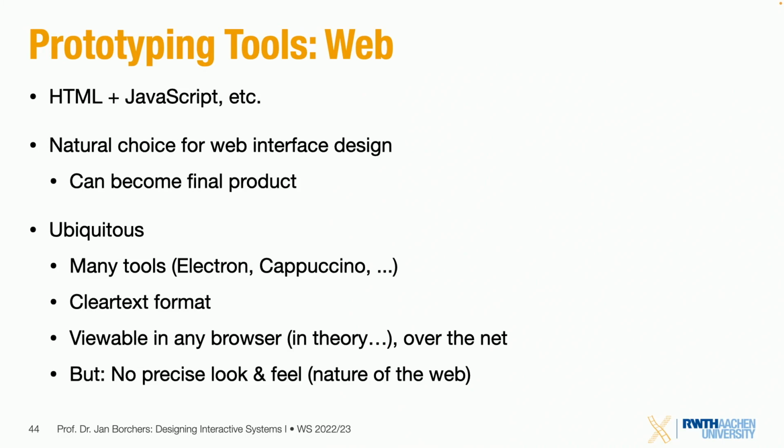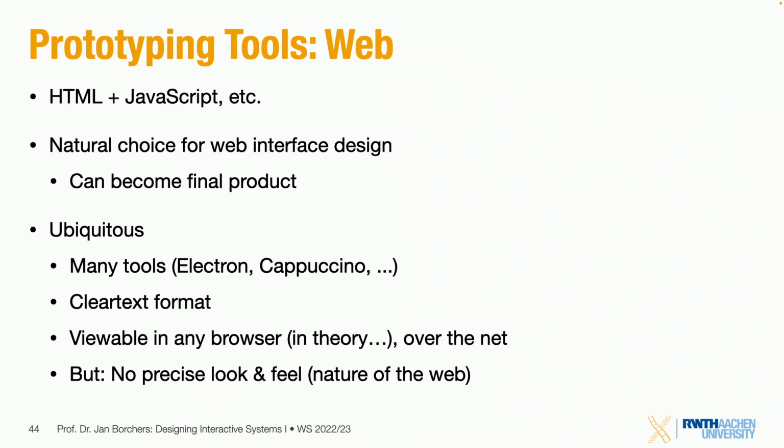You can view it in any browser, theoretically, and you can share it over the net, right? But the precise look and feel, just the nature of the web, of course, is not what you can communicate. So if you want to be pixel perfect, web tools won't cut it for you. But of course, if your final product is supposed to be a website, this is a very typical approach.